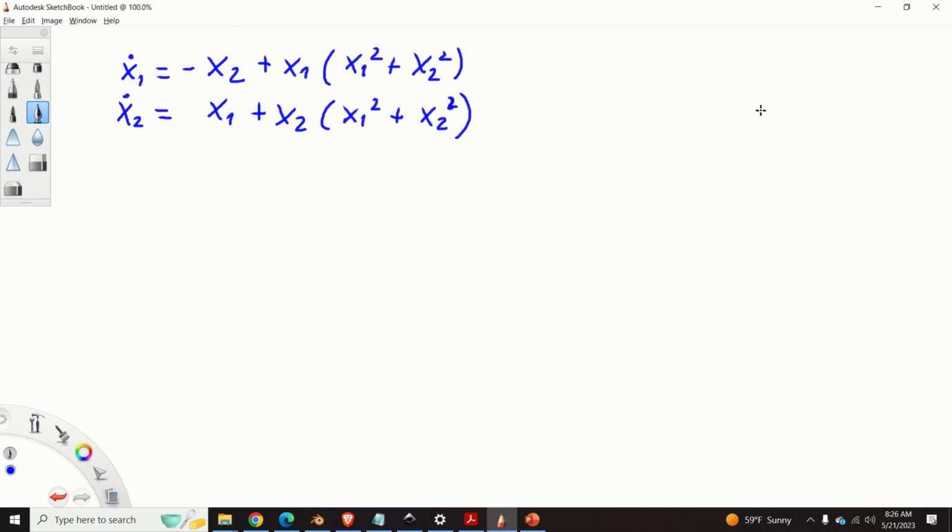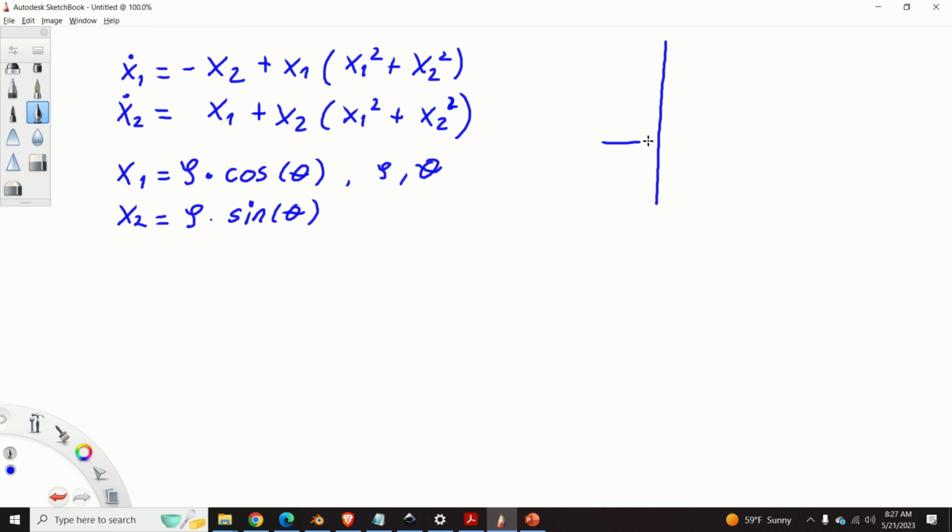There is a more elegant approach that can be used to analyze the stability of this system. And this approach relies on coordinate transformation. Instead of x1, we can introduce rho times cosine theta. And instead of x2, we can introduce rho times sine theta, where rho and theta are new state space variables.